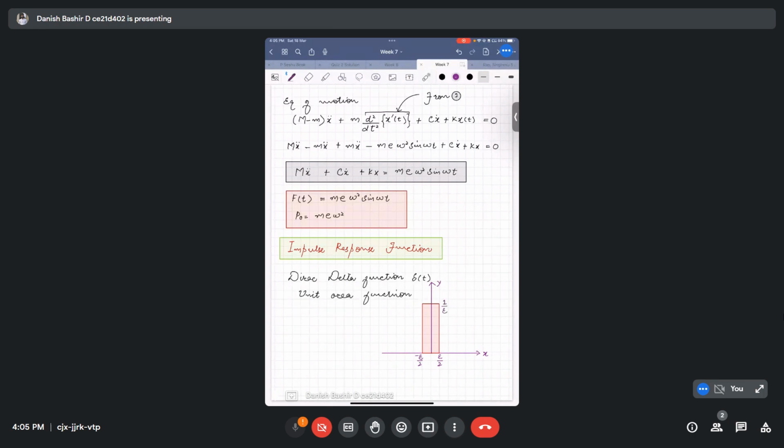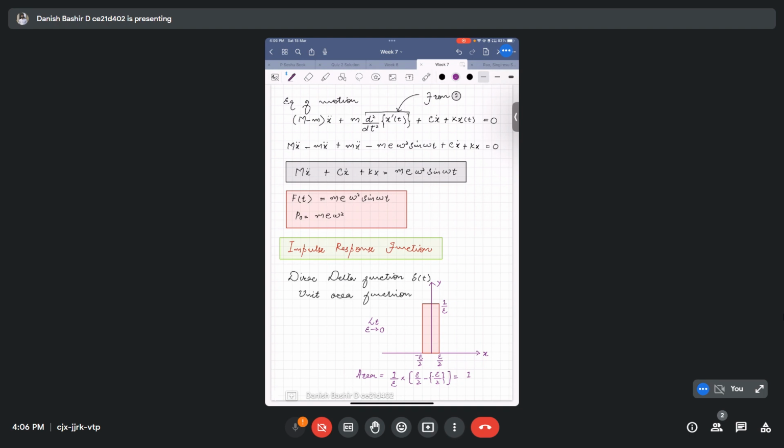Okay. So we have a limit epsilon tending to 0. If you are interested in finding the area, the area will be equal to 1 by epsilon times its width, epsilon by 2 minus minus epsilon by 2, so we are having total area of 1.